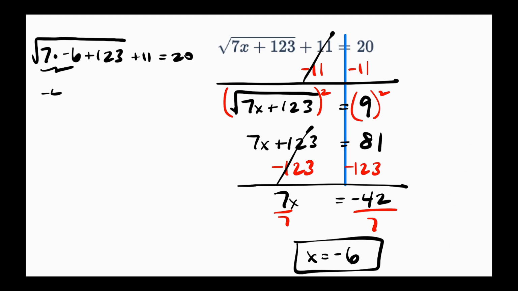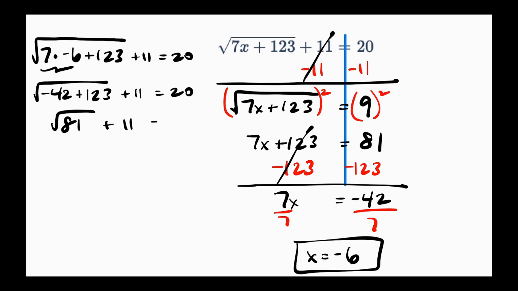So that's -42 plus 123. -42 plus 123 is 81. Square root of 81 is 9. And then I ask myself, does 9 plus 11 make 20? Yes, it does. So it's a verified answer.